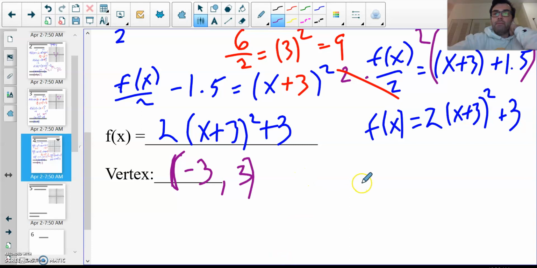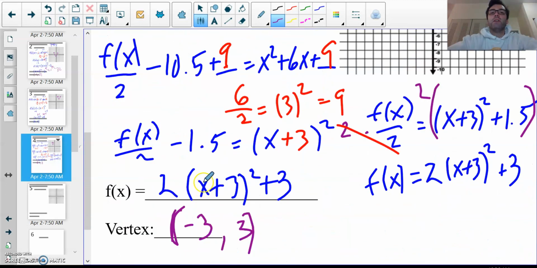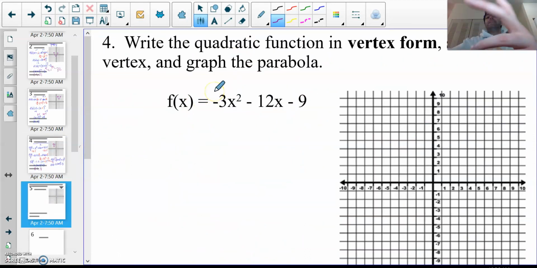When I graph this, negative 3, 3, it's going to increase a little bit quicker. One of the more important things here is since this 2 is positive, it opens up. If you look at the next one, it's a negative 3, so our parabola is going to have to open down. Anytime this is negative, I open down.